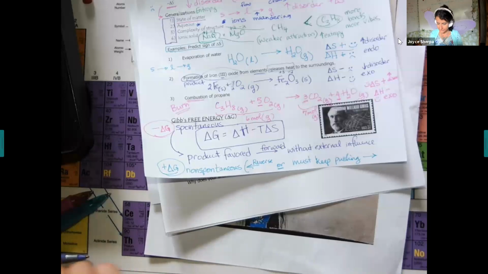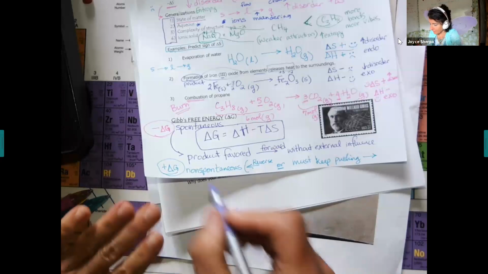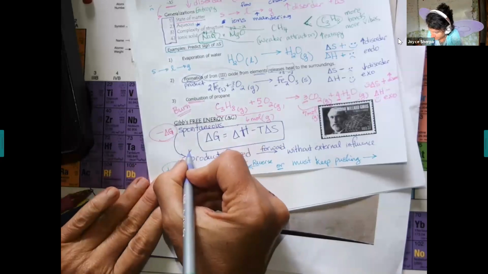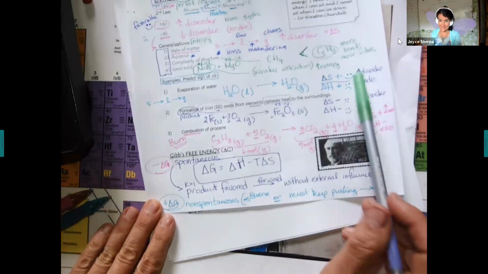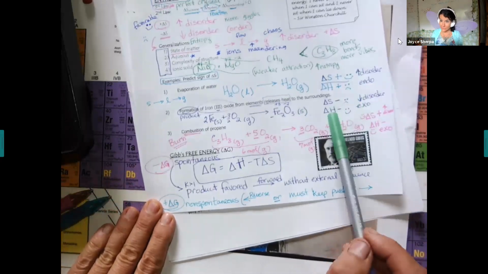In terms of what we're doing to get the whole big picture, product favored means K is greater than 1. Now, I want to point this out because we're going to get to K today. We're going to get to the math, which is wonderful because then we get a linearity there. You get numbers and you say, hey, it makes sense. When we're talking about delta H's, delta S's, delta G's, we're talking about positive or negative.